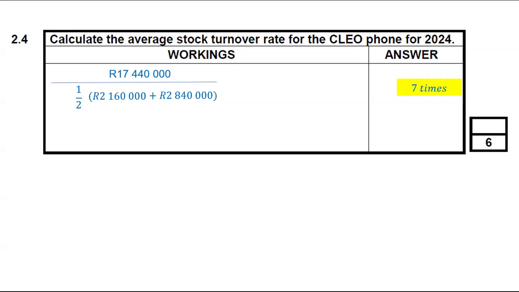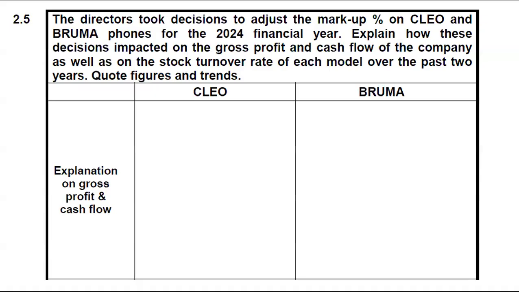And stock turnover rate, you need to remember, tells you how often this business converts stock into cash. So they convert stock into cash 7 times in a month. Okay, let's move on to the next question.